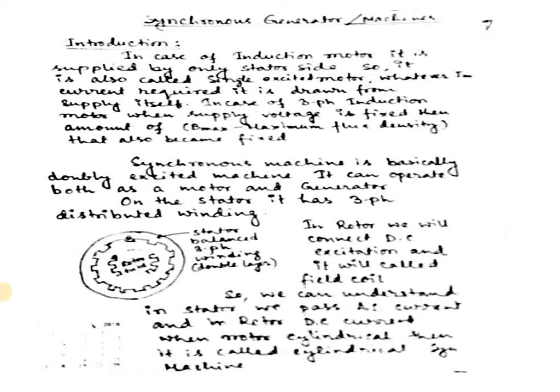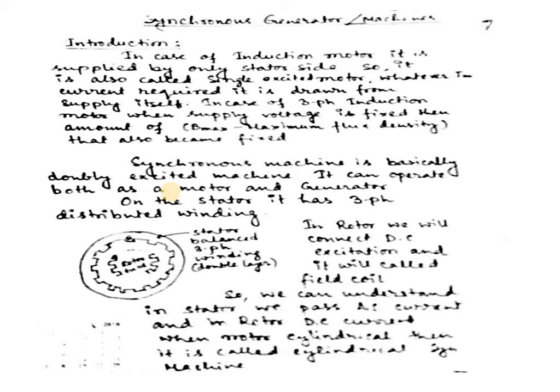Here I have drawn the structure of the stator of the synchronous generator. That means here I have compared the induction machine with the synchronous machine, and in the induction machine you can see that it is fed from a single side. That means only the stator part is given supply.